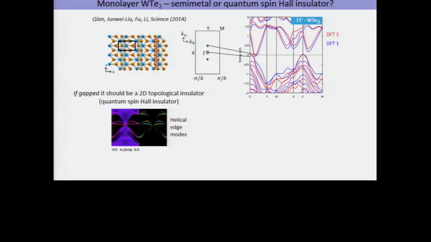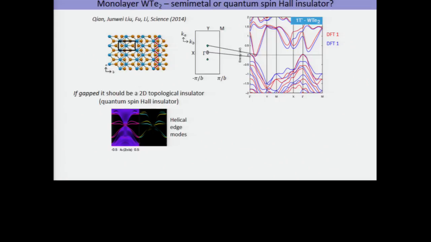You expect it to be a two-dimensional topological insulator. The problem with that is that their band calculations imply that it should not be an insulator. It should be a semi-metal. And the valence and conduction bands would overlap.